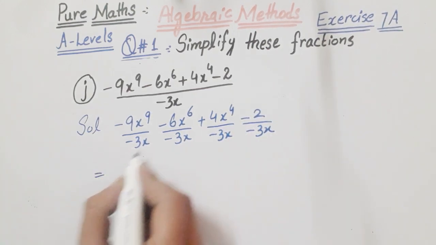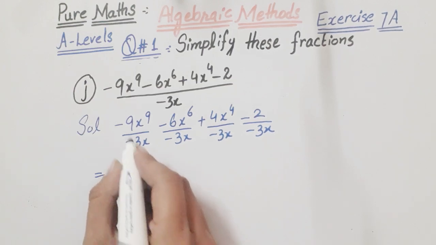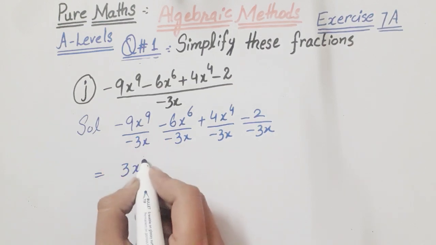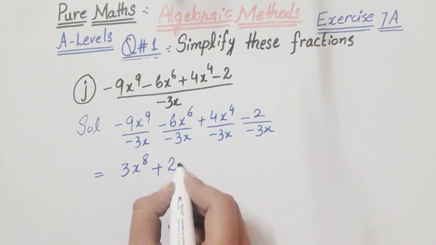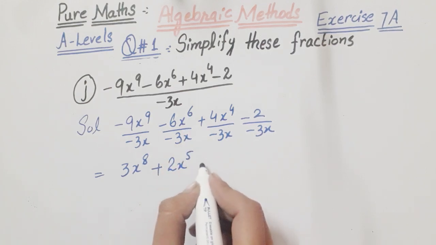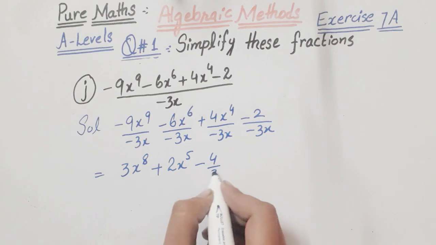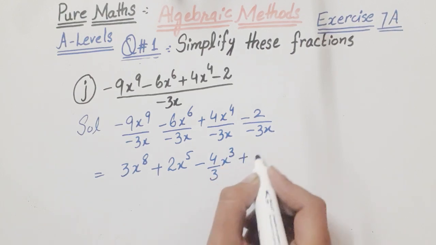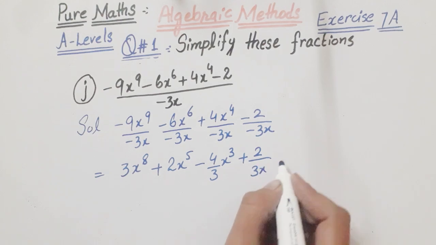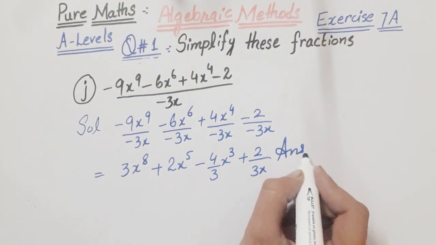So we will get 3x^(9-1) is x^8, minus minus plus 2x^(6-1) is x^5, minus 4 by 3, x^(4-1) is x^3. So plus 2 by 3x. So this is the answer of this question.